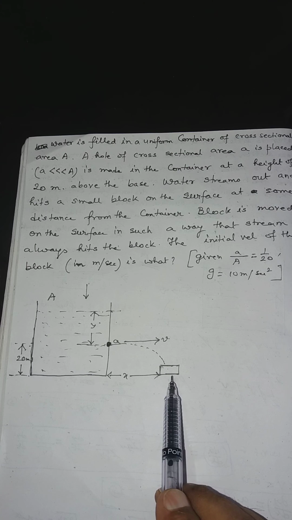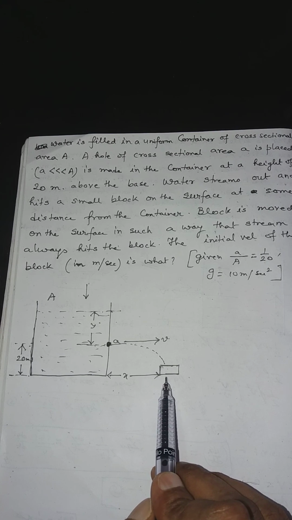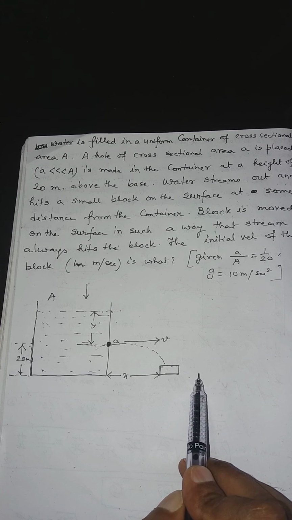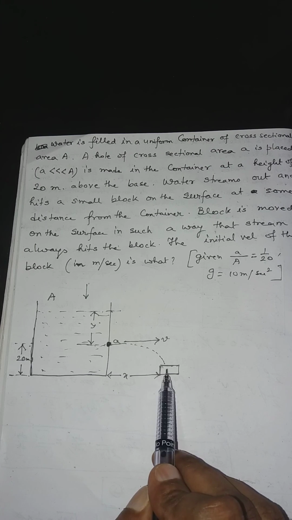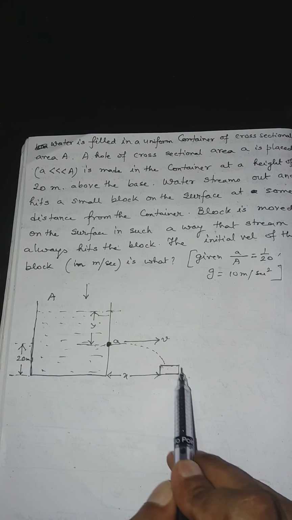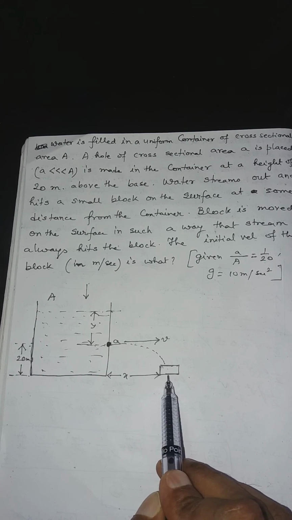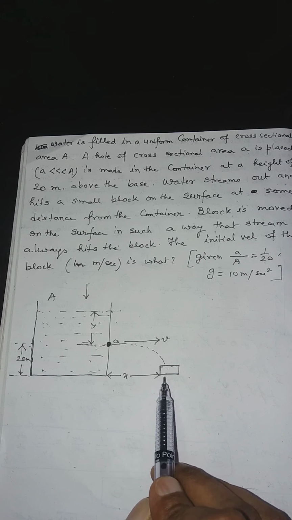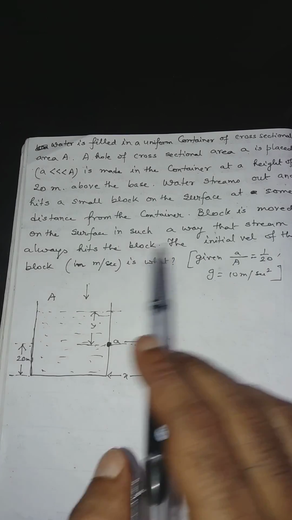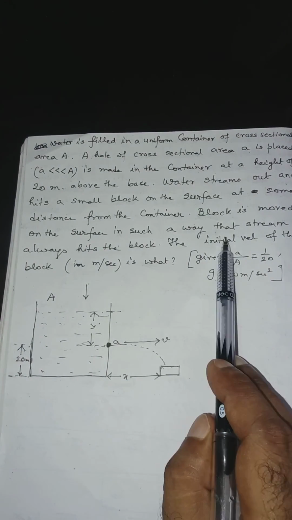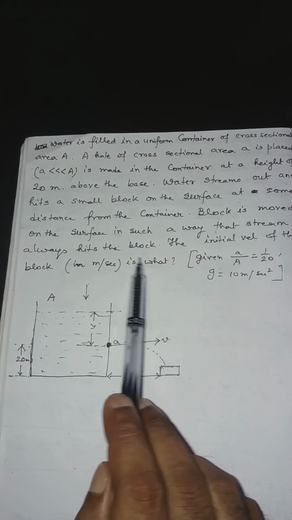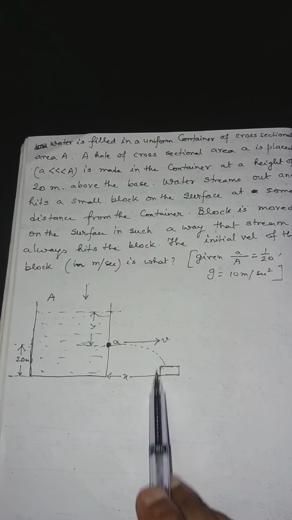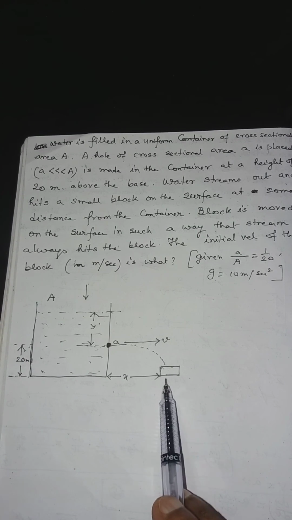Now this particular block is moving along the surface once the water is hitting. We have to find out the initial velocity of the block, so that the block moves on the surface in such a way that the stream always hits the block. So we have to find out first the initial velocity of the block.